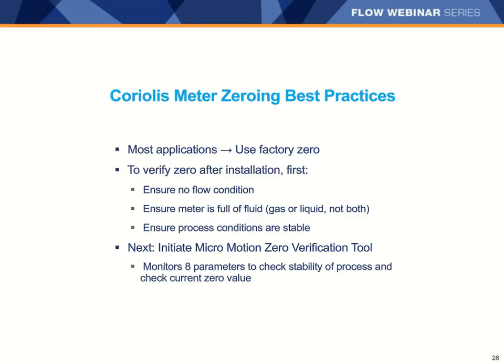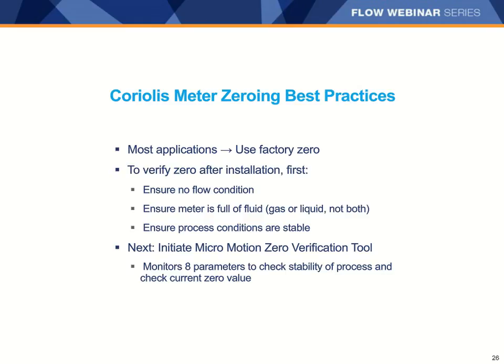Conversely, if everything looks good and the zero is good, it will advise you to leave the zero setting alone. One final note, it is always possible to restore the original factory zero setting from where it is stored as a record in memory in case the zero adjustment is ever made by mistake in the field while the conditions are not stable enough.